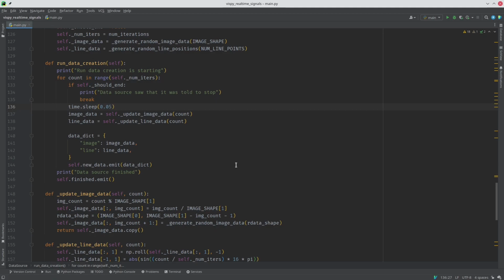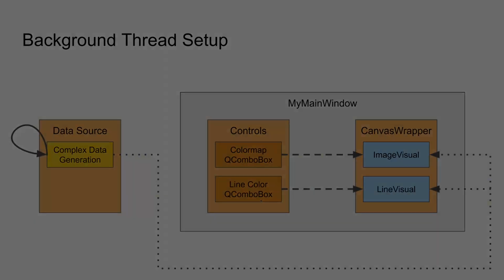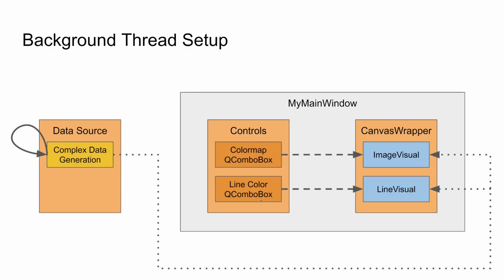So that ends our part 4 video of this series, our example 3B in the VisPy gallery. As a quick summary of what we did, let's go back to the slides and look at what we put together. So from a high level point of view, we took our data source and we told it to run a continuous loop.